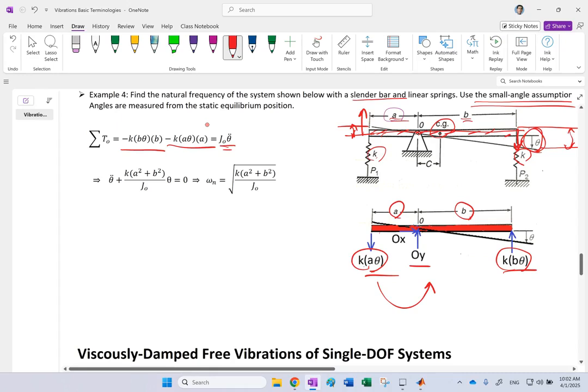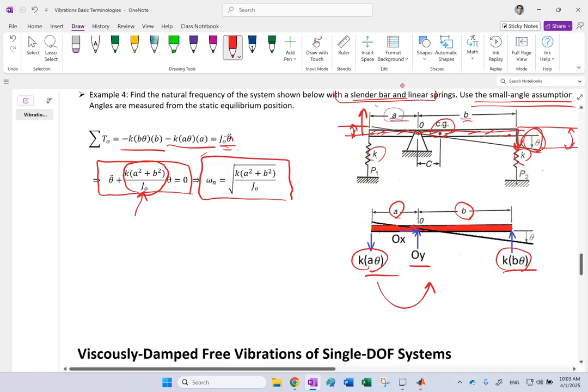Now, if it's a slender bar, this could be replaced by J about O, which I'll show you how to find. But if it's not a slender bar with mass m, just an arbitrary seesaw, then your equation of motion is going to be this. And this coefficient is going to be omega n squared. So your natural frequency in this case is the square root of K times (A squared plus B squared) over J_O.